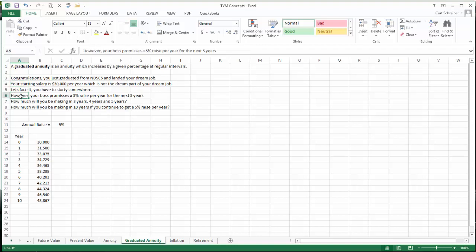However, your boss promises a 5% raise per year for the next 5 years. How much will you be making 3 years, 4 years, 5 years from now? How much will you be making in 10 years if it continues to grow at a 5% raise per year?